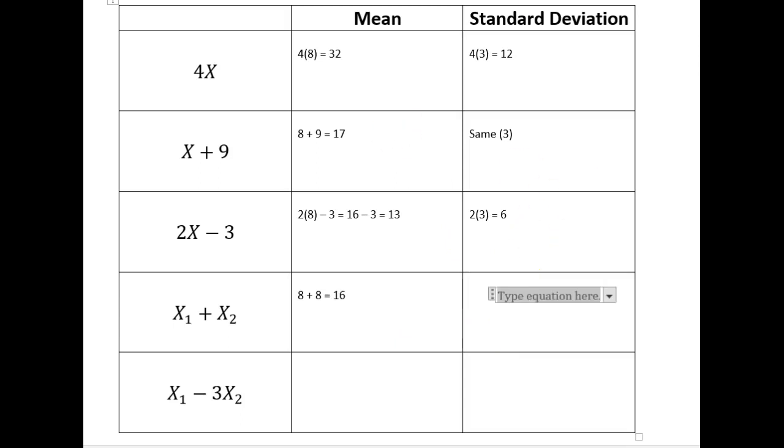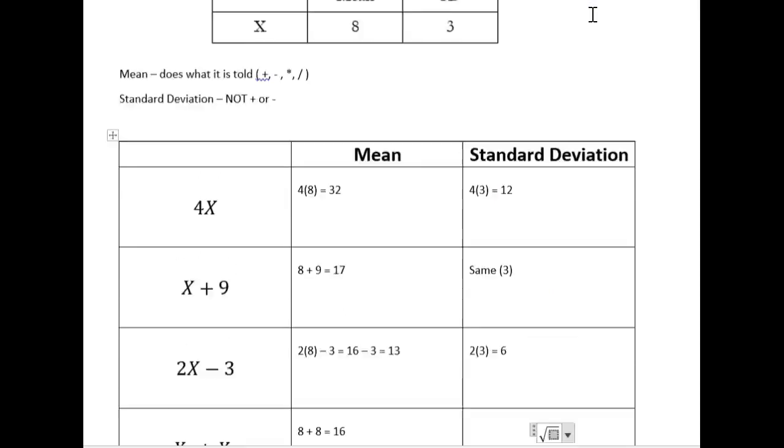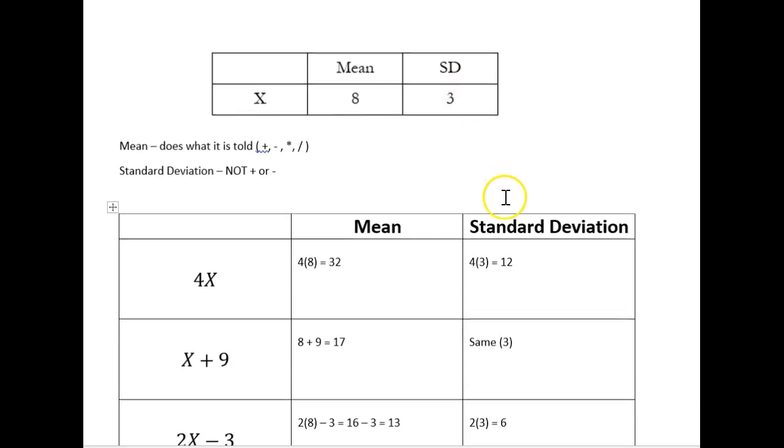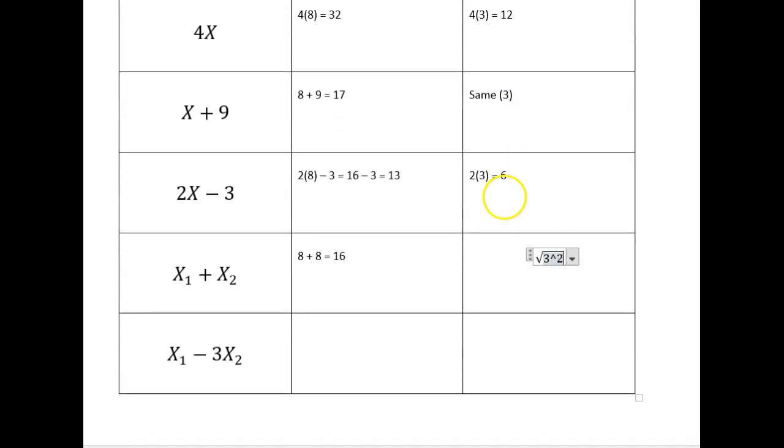I'm going to take the square root, and I'm going to take the standard deviation of x, which is 3, and I'm going to square it, and then I'm going to add it to the standard deviation of the second x, which is also 3, and square it.